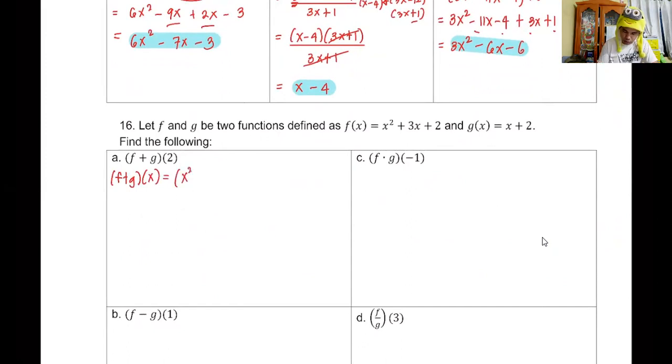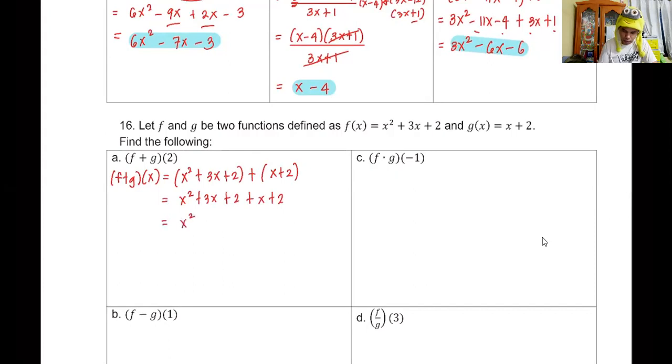F is x squared plus 3x plus 2, plus g of x is x plus 2.